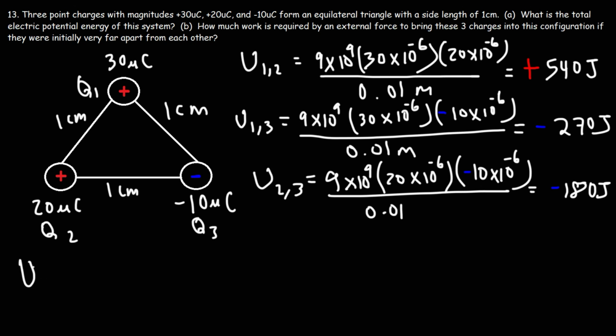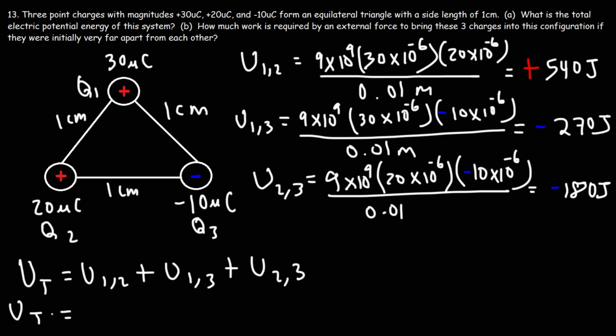So now we can calculate the total electric potential energy of the system by adding these numbers. So it's going to be positive 540 and then minus 270, or plus negative 270 if you want to do it that way, and then minus 180.